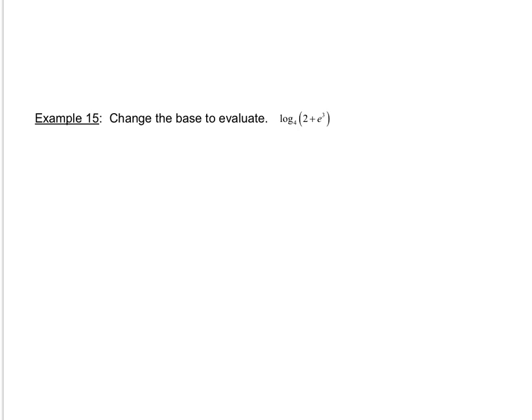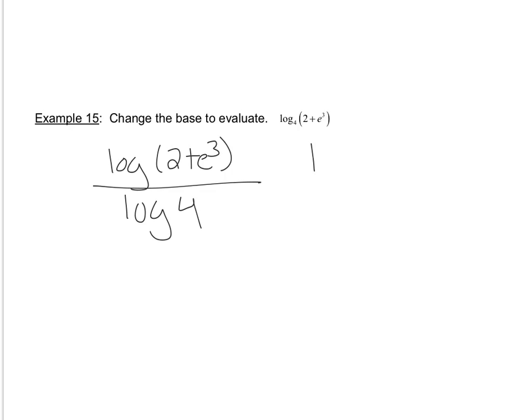Here, you would do the log of 2 plus e to the third over the log of 4, or you can do the natural log of 2 plus e to the third over the natural log of 4. And here's the thing, you can just enter these into your calculator right now. All you got to do is make sure you get parentheses in the right area to make sure you're calculating the right things, okay?